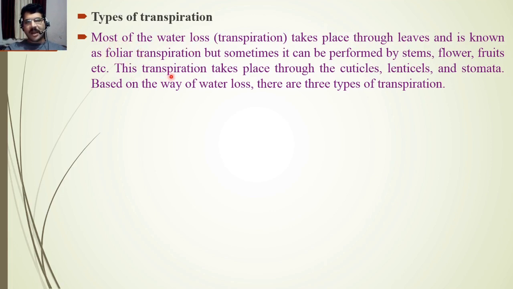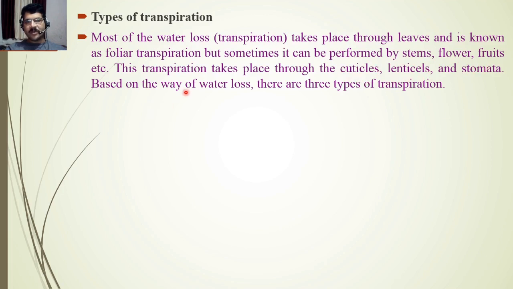But there are some other kinds of transpiration, for example cuticular transpiration, lenticular transpiration, and stomatal transpiration. Stomatal transpiration is the transpiration which takes place through the leaves. But other than leaves, there are two other plant parts which have a role in transpiration. The cuticle and lenticels are actively involved in the process of transpiration along with stomata.